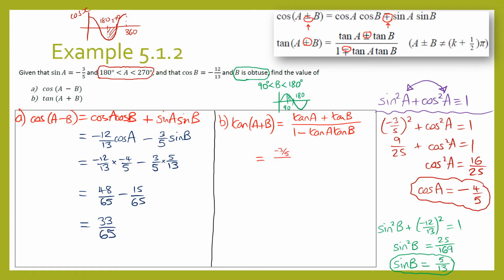That's sine A. Cos A was minus 4/5. So that is tan A. That's tan A done. Now plus tan B, which is sine B over cos B.